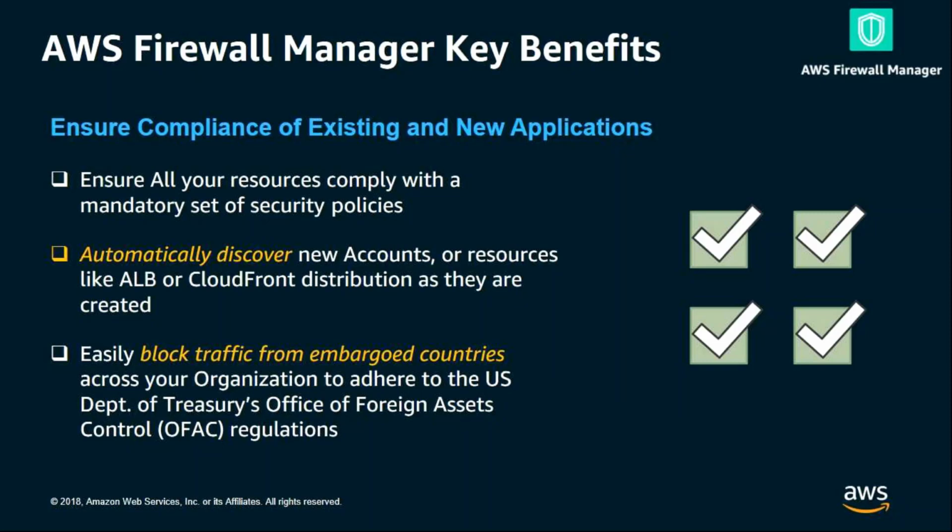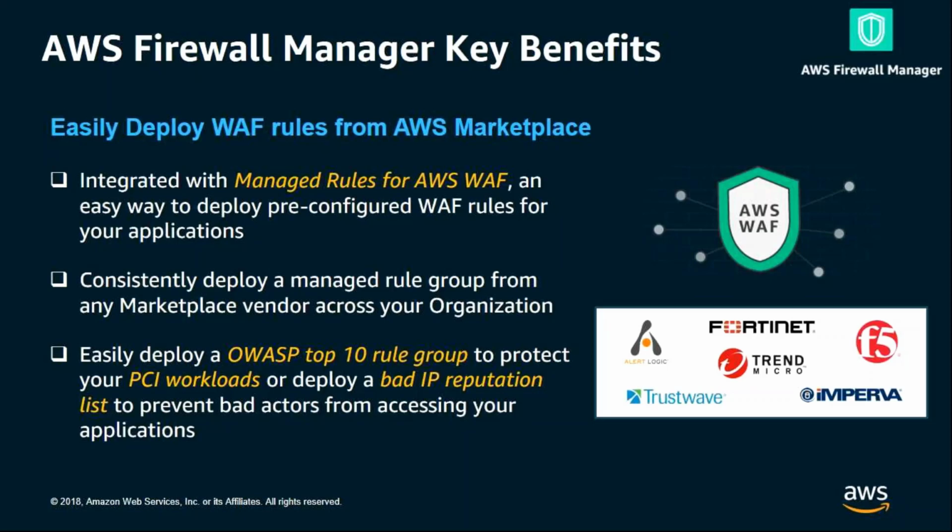The third benefit that I'm going to talk about today is more easily deployed marketplace rules. And of course, we will see this in action later on. But the idea is, some of you might already know that AWS WAF launched a capability a few months ago called Managed Rules for AWS WAF, which is the ability for you to simply subscribe to pre-configured rules from AWS Marketplace.